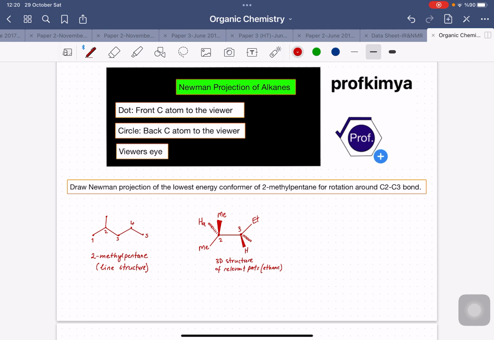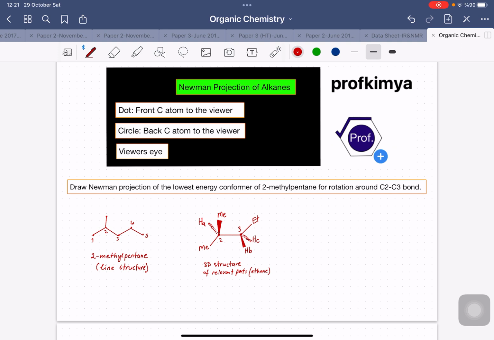One is facing towards me, let's call this HB. One is facing down, let's call this HC. Okay, I have drawn the 3D structure of the relevant part.